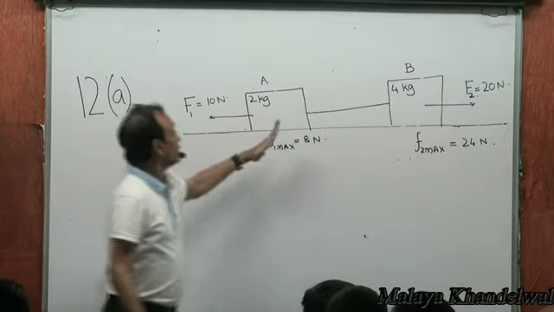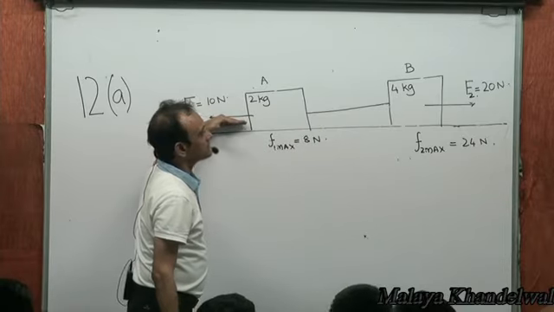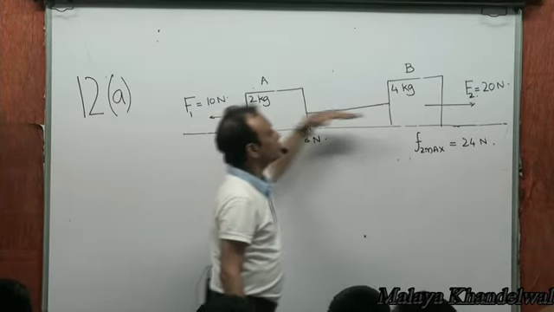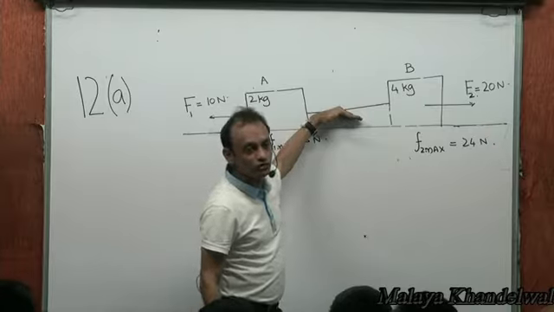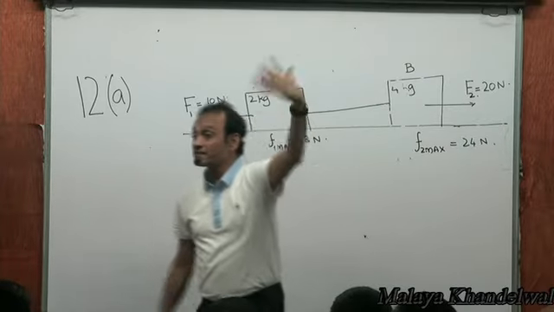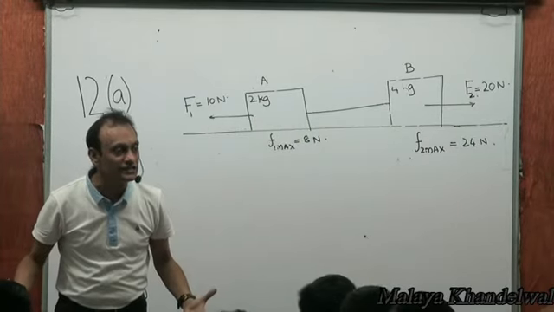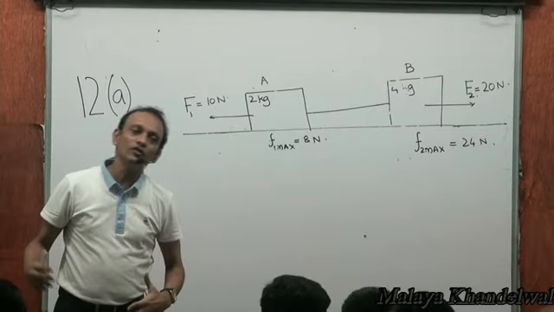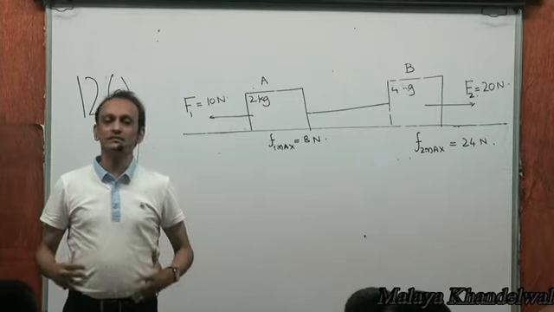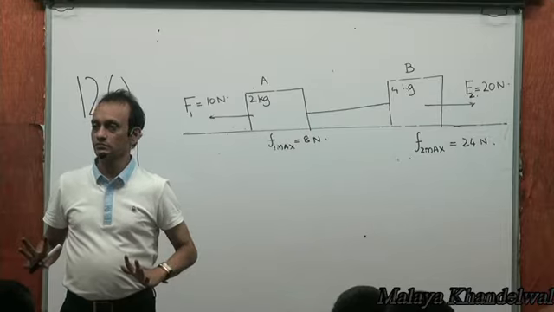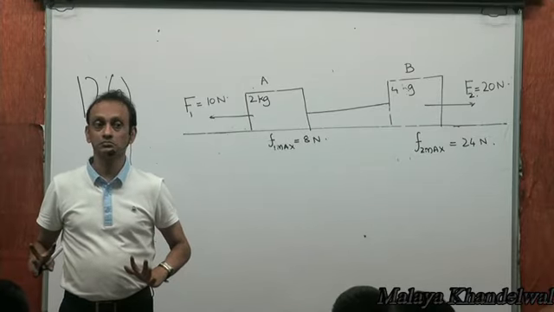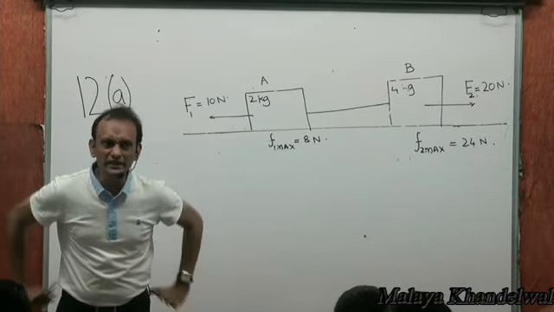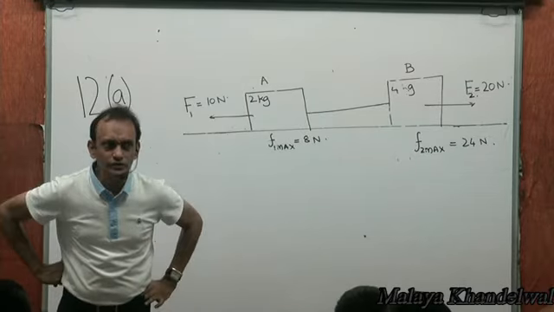Yes or no? See, A can exert 8 newtons to the left, B can exert 24 newtons to the left at maximum, but they will not exert that unnecessarily. They will only combat the 10 newton force. Yes or no? Therefore, for sure, the system is not moving.